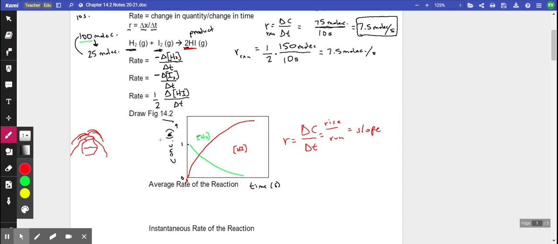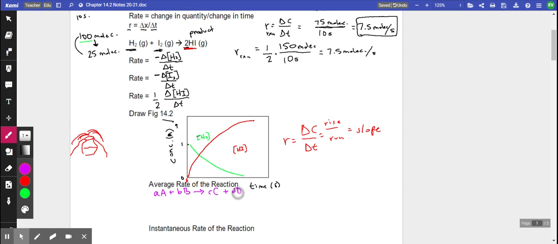So instead of our example, let's use a generic equation where we have A, and I'm going to make this a different color. Let's make it purple. A plus B, the little lowercase is the coefficient, so 1 or 2 or 3, forms C plus D.